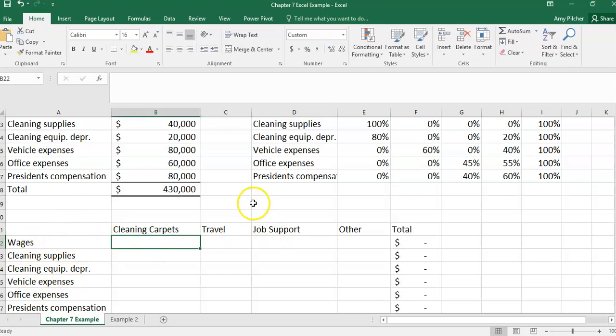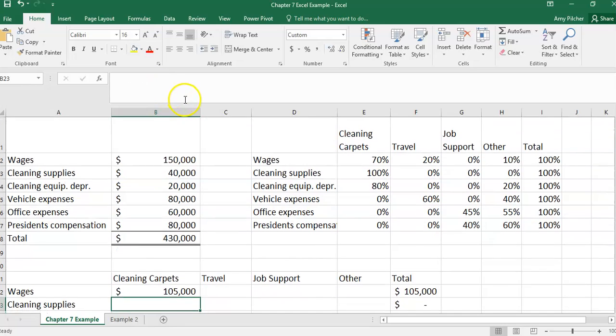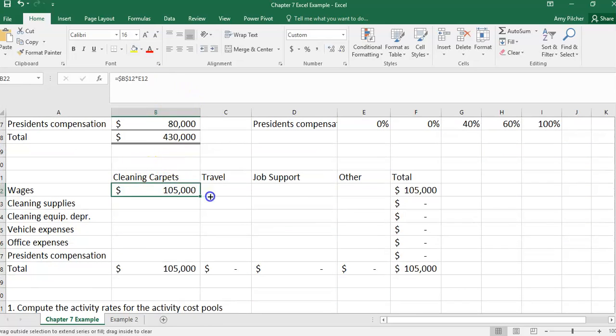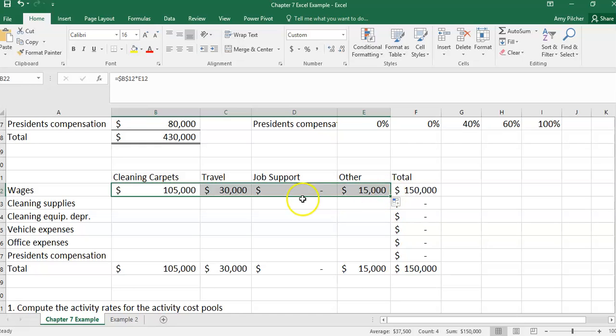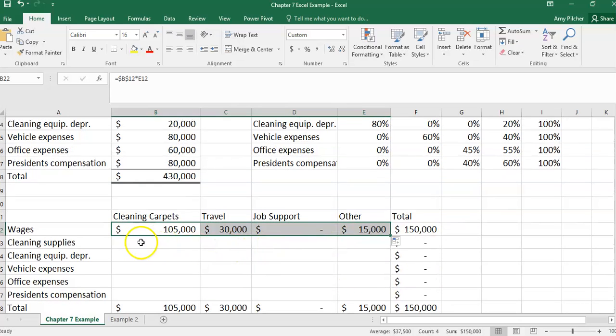So we start with wages. Take the wages times the percentage amount in cleaning carpets. If we lock this cell by adding the dollar signs before the B and before the number, so before the cell reference and before the number reference, we can copy that formula across, and it takes this wages number times each percentage point in the line.